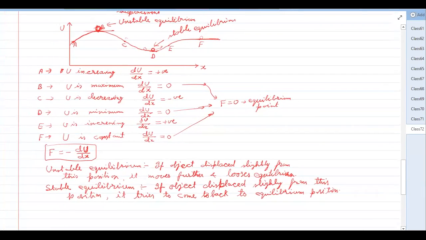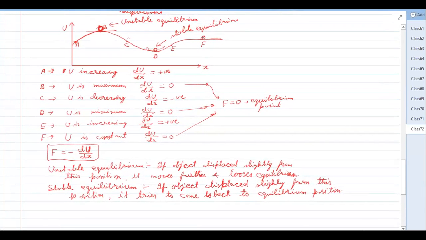Now we can see the third point, point F. At F, if you displace the object slightly, it will neither move forward nor move backward. So this is called neutral equilibrium. What is neutral equilibrium?